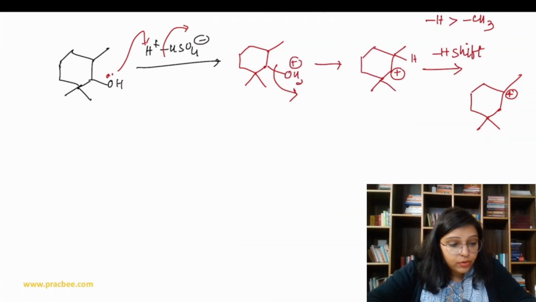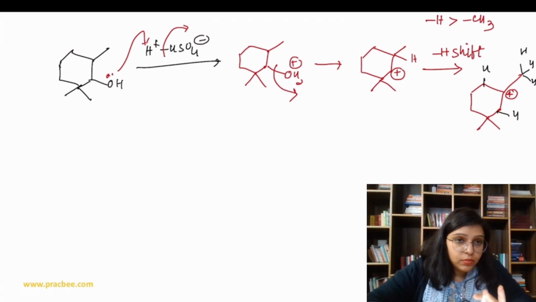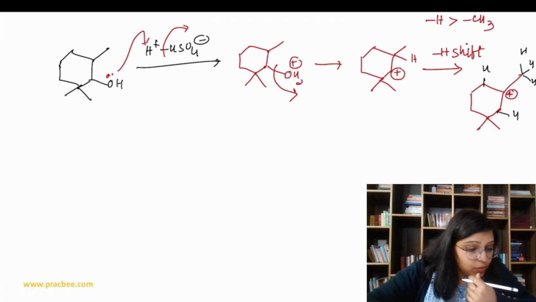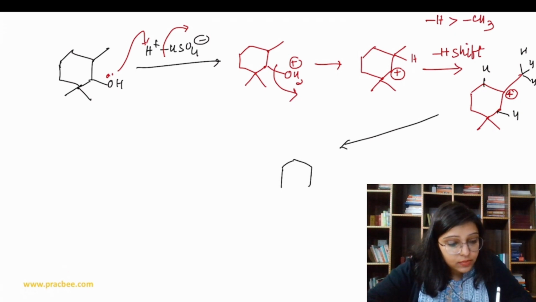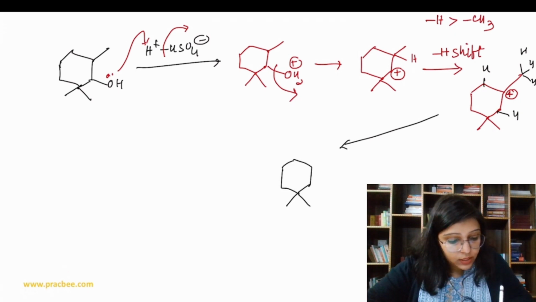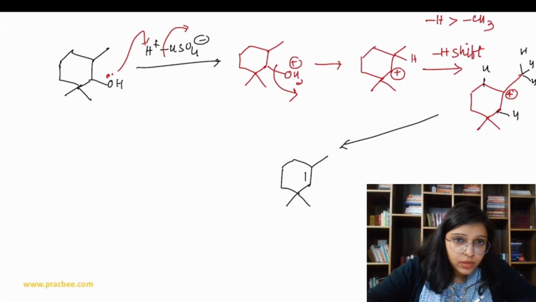We have hydrogen over here, over here, and even over here, right? So from this we can have three products. But if I'm going to form the more stable product, we write this, and this. So we can write this as the product.